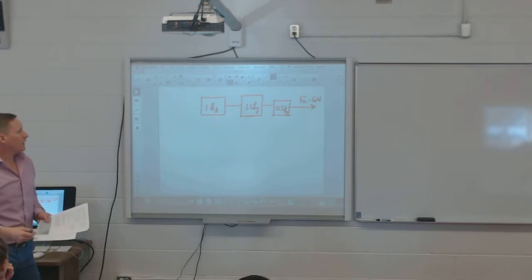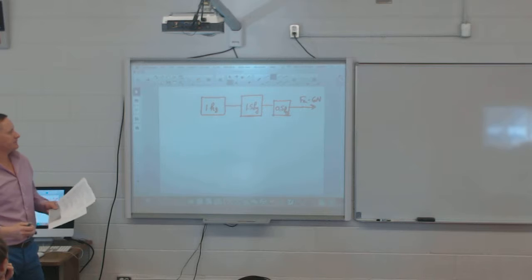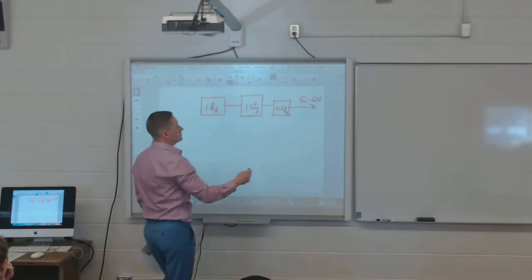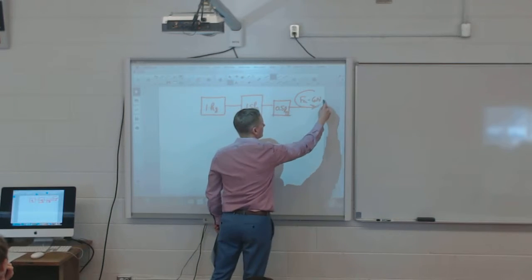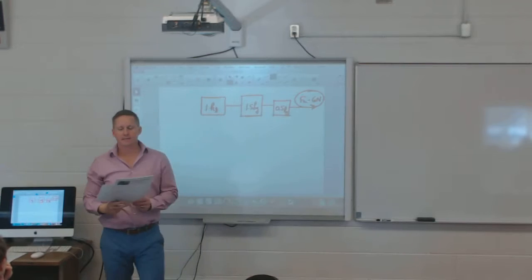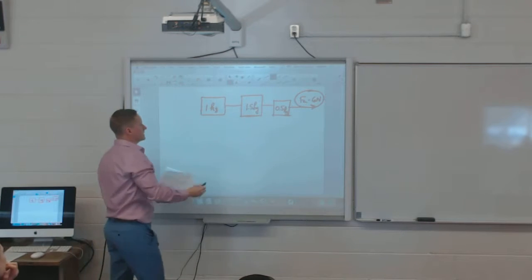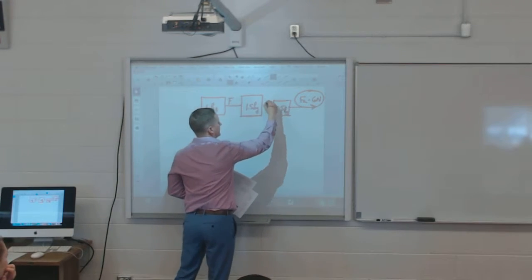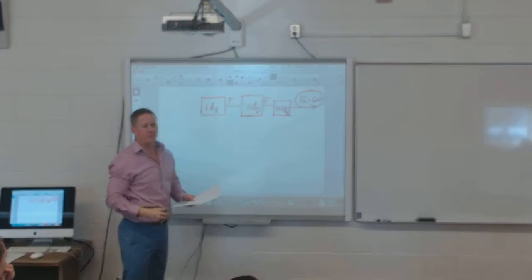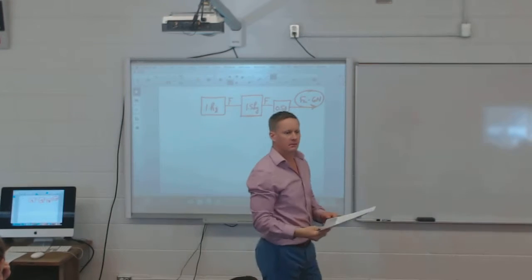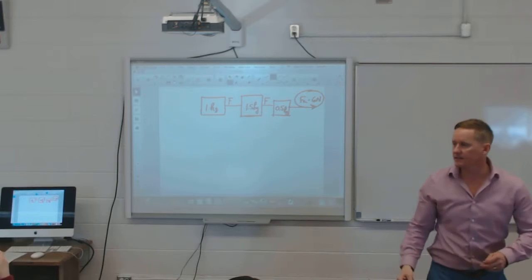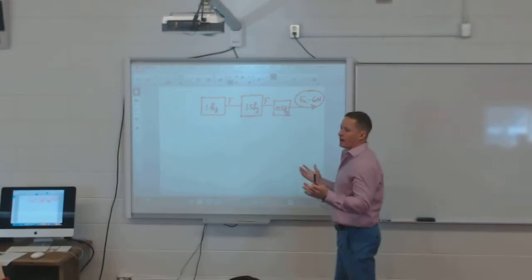So the first thing I want to find out is if the force is 6 newtons on this guy. What I need to do in order to find out what the force is on this string and this string, how do I find force again? Mass times acceleration. It's very simple, right?